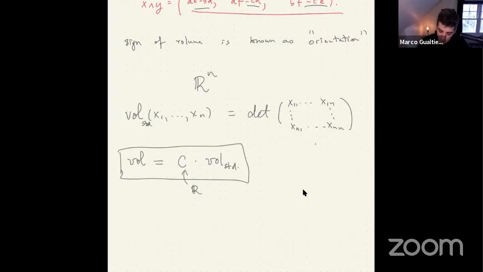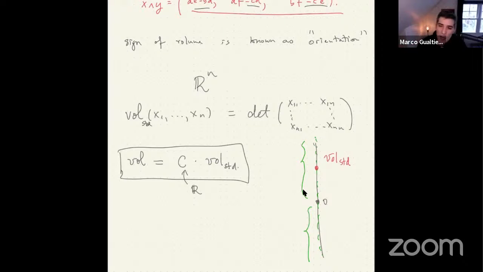So that means that you have a choice. Here's the standard volume. But there are many other possible volumes that you could pick, which are all scalar multiples of the standard one. And they separate into two different classes: the class that's on one side of 0 and the ones that are on the other side of 0.